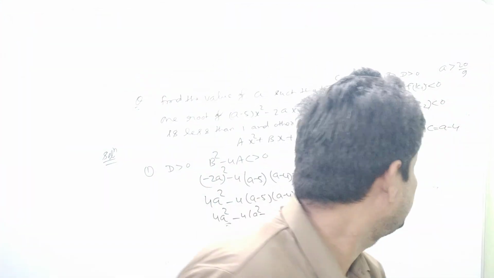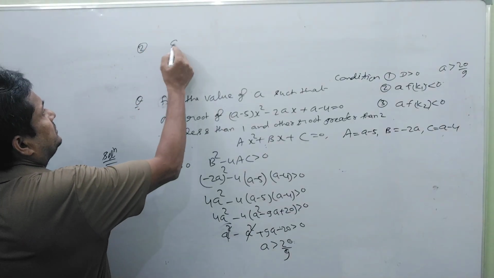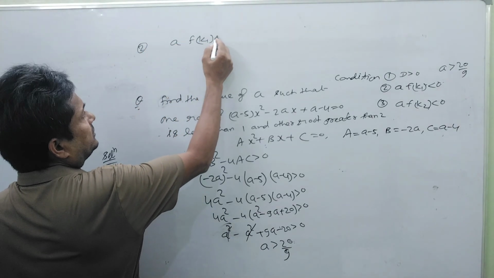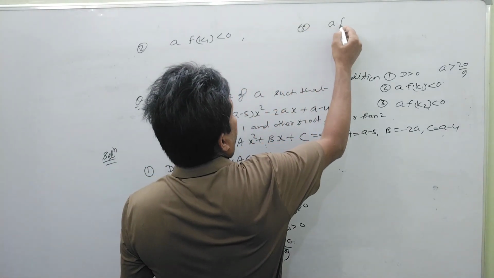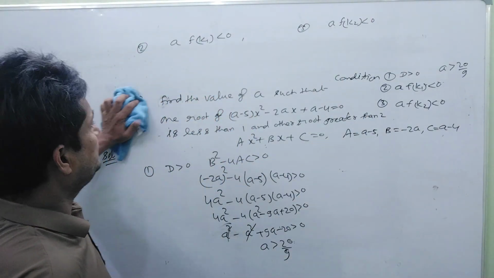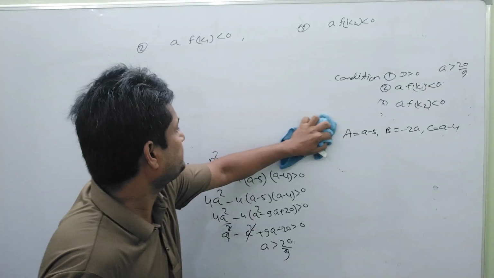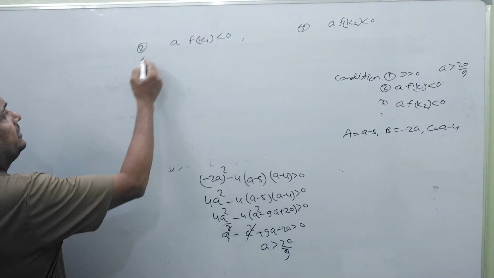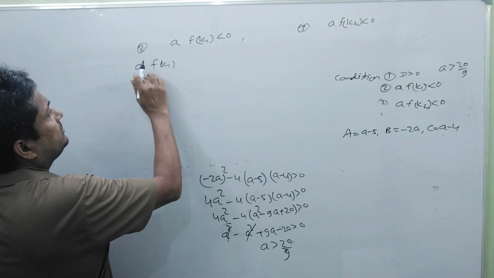Now second one: A times f(k1) is less than 0. And third condition is A times f(k2) is less than 0. Now simplify these cases. A times f(k1) less than 0.